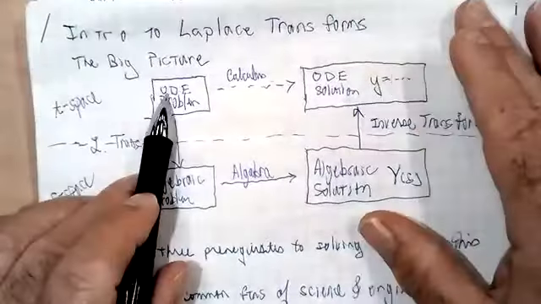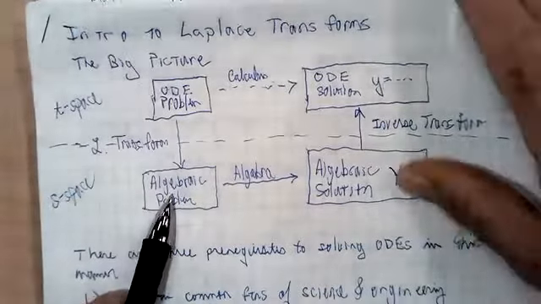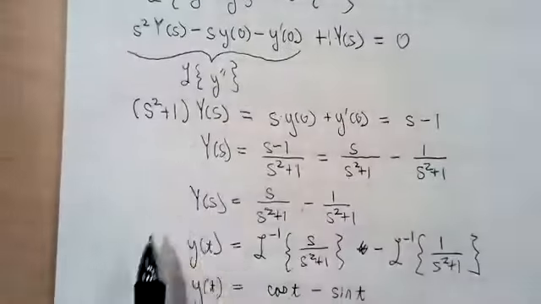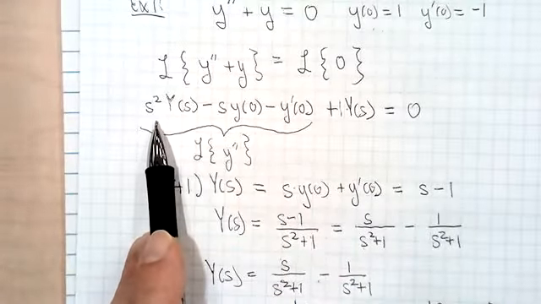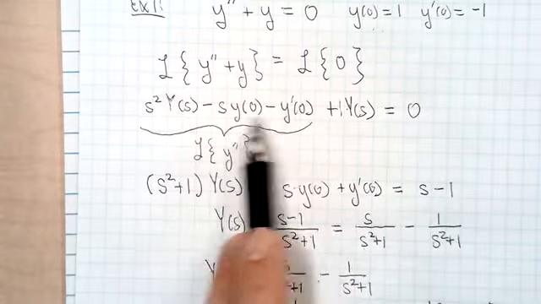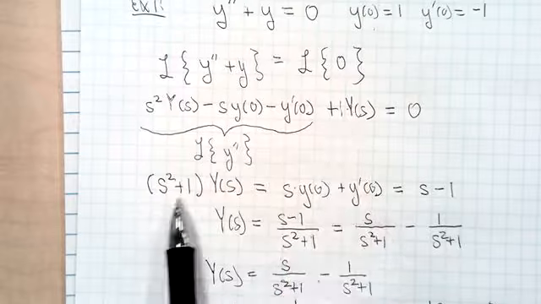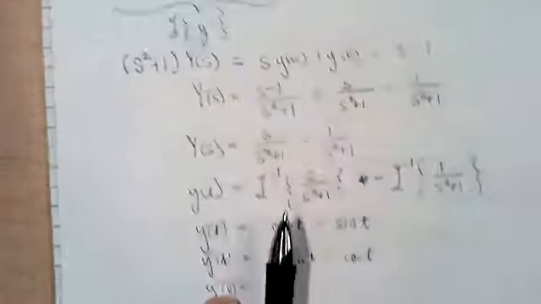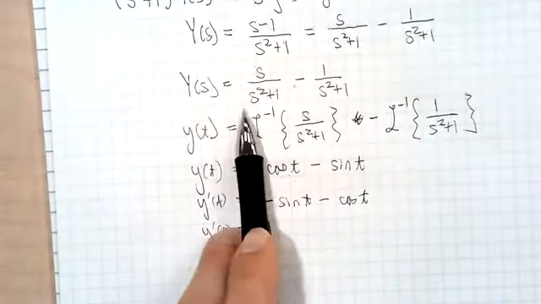We started with an ODE, we took a transform, and when we took the transform, it turned two derivatives into multiplication by s squared and some detail. And well, here you're just transforming. And then we did algebra to solve for Y of s.